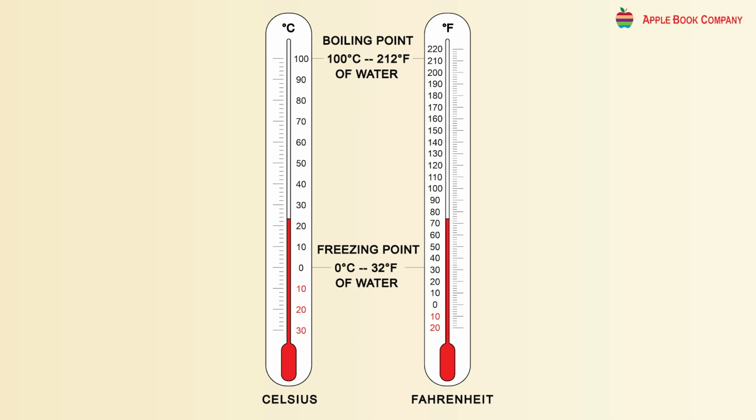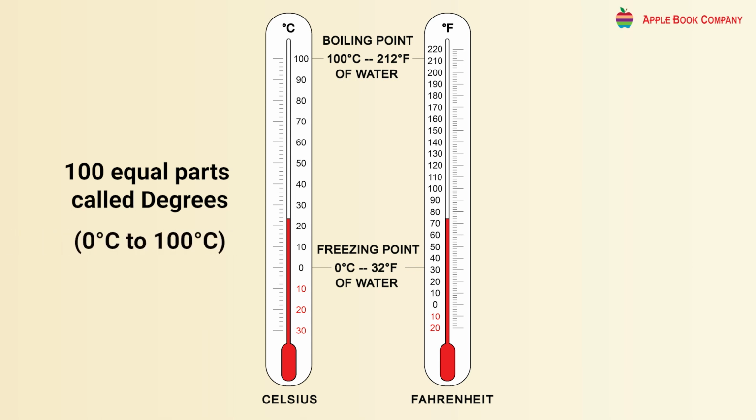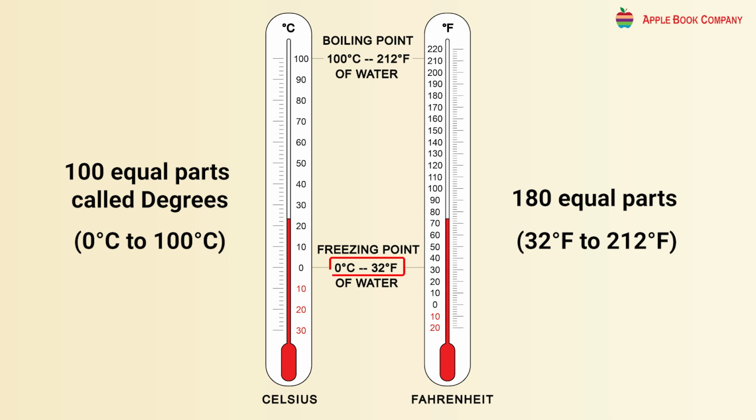In a Celsius thermometer, the temperature scale is divided into 100 equal parts called degrees, from 0 degree centigrade to 100 degree centigrade, and the Fahrenheit scale into 180 equal parts, from 32 degree Fahrenheit to 212 degree Fahrenheit. 0 degree centigrade or 32 degree Fahrenheit and 100 degree centigrade or 212 degree Fahrenheit are the temperatures corresponding to the melting of ice and boiling of water. 0 degree Fahrenheit is a temperature reached by a mixture of ice and salt.